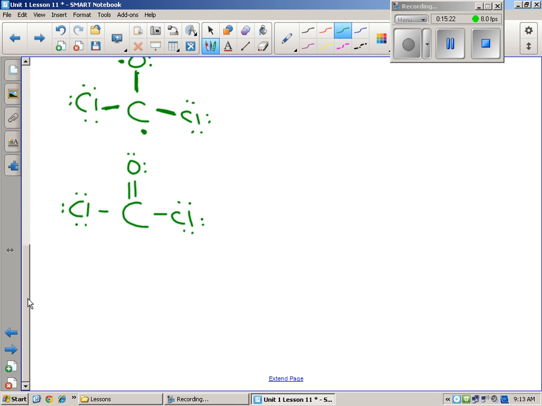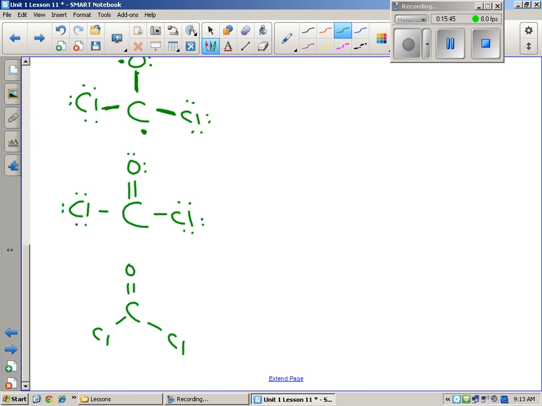So they want to get as far apart from each other as possible. So how are we going to do that? Well, we're going to put our C here, double bond O, for example. And if I want to put them as far apart as possible, I'd probably draw my two Cl's down there on a little bit of an angle.